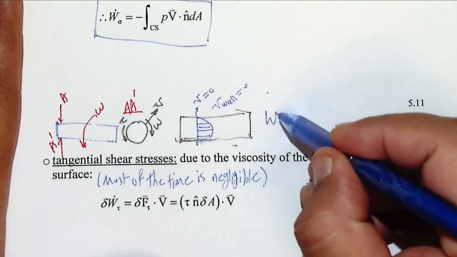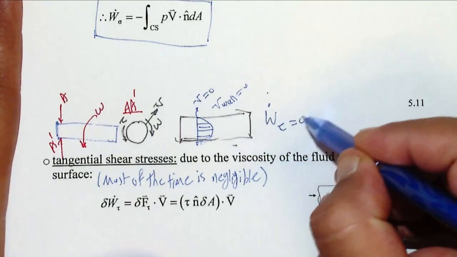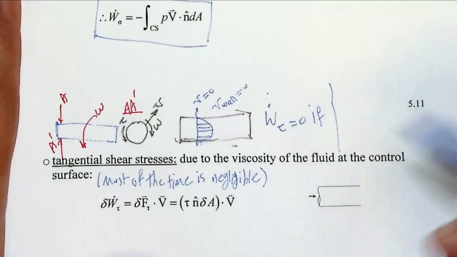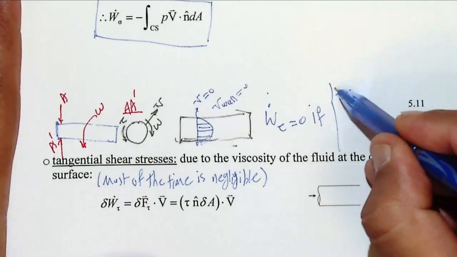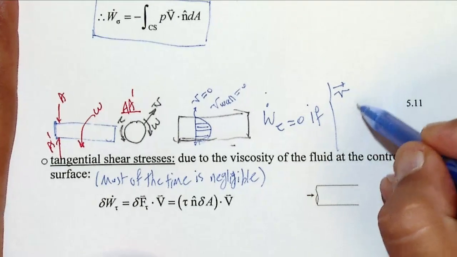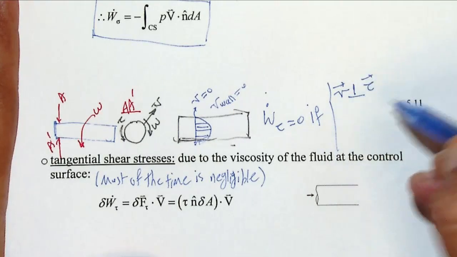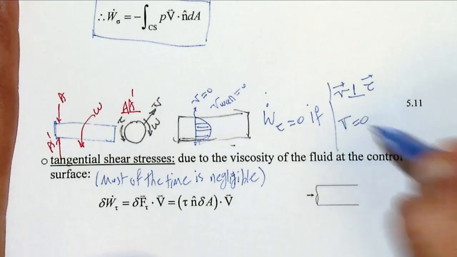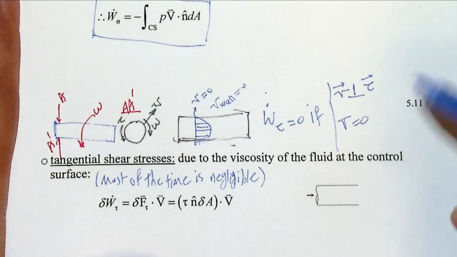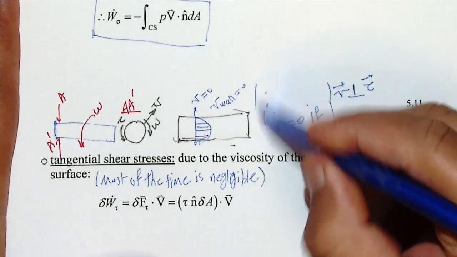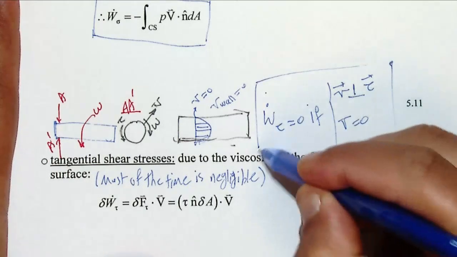So W dot of tau could be 0 under one of these two conditions: either V is normal to the tau direction, or V by itself is 0. That's the way that it could be 0.